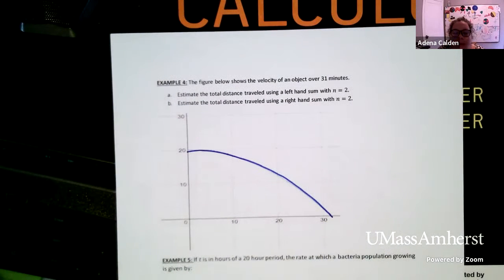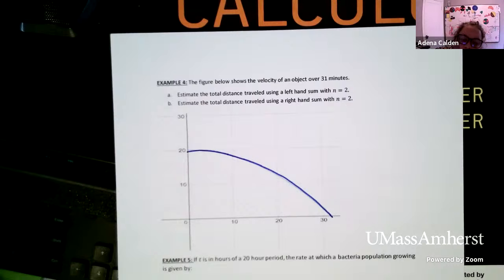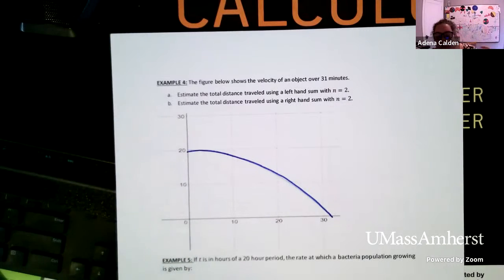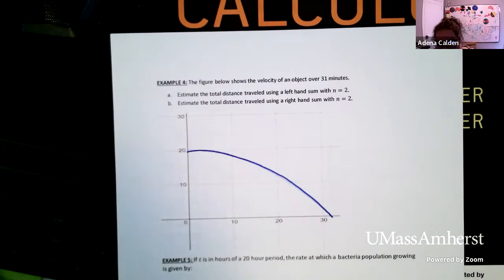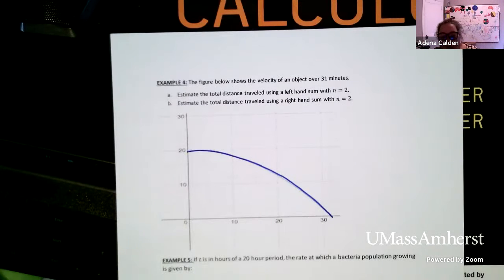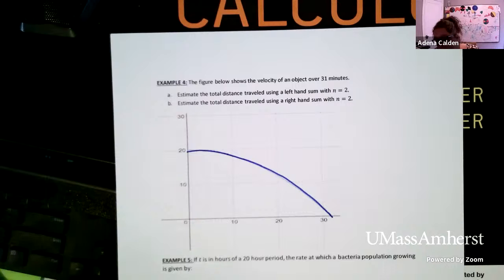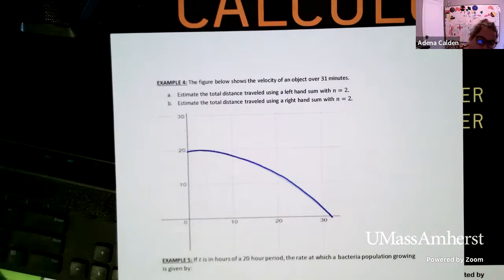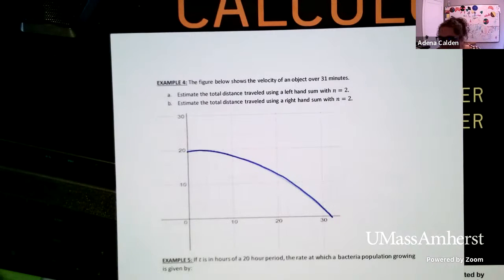So the figure below shows the velocity of an object over 31 minutes, right? I want you to estimate the total distance traveled using a left-hand sum with n equals 2, and to estimate the total distance traveled using a right-hand sum with n equals 2. So what we're trying to do here is really connect what n equals 2 means and what it means to approximate using left and right hand sums with a picture.